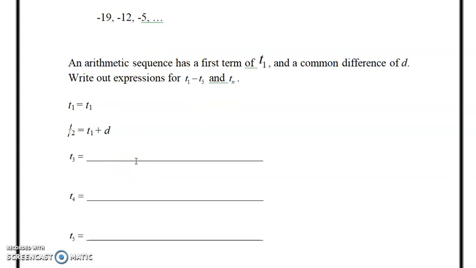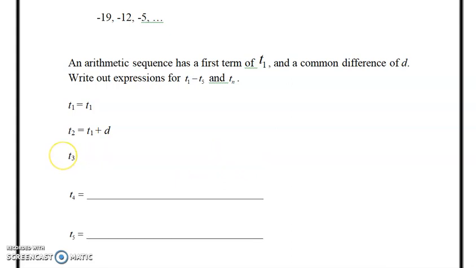So how do we get the third term? Well, the third term is going to be taking the common difference and doing it twice. Essentially, our third term is going to equal our first term plus D, but it's also going to be plus another D. Because if we take negative 19 and add 7 to it, we get negative 12, and we add 7 again, we get negative 5.